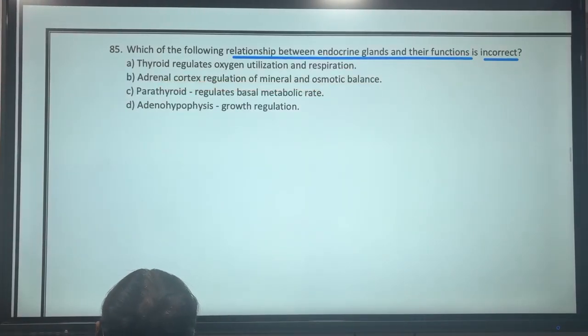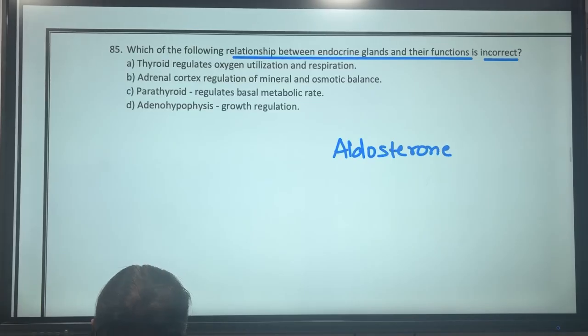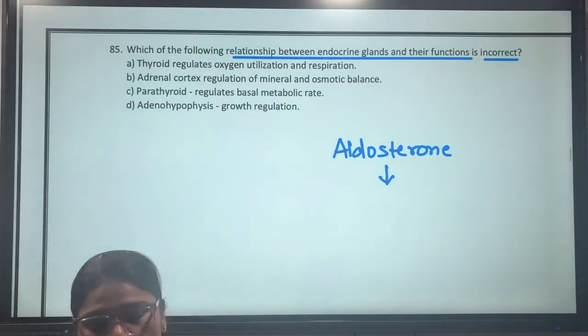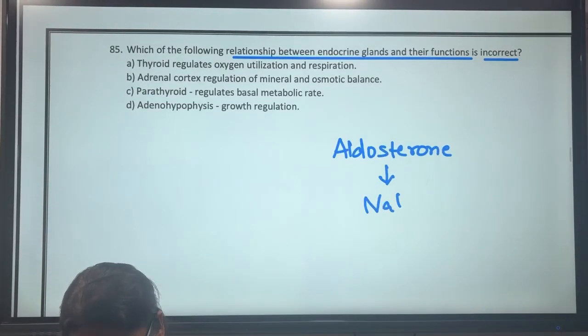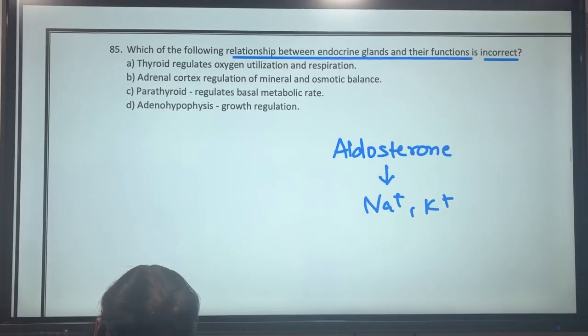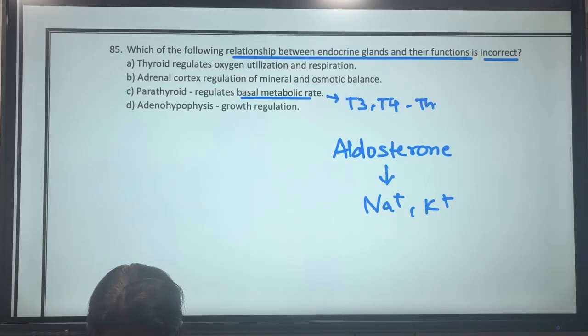Of course, adrenal cortex produces aldosterone, and aldosterone is a mineralocorticoid balancing Na plus and K plus levels. Parathyroid regulates basal metabolic rate. The basal metabolic rate is in the control of T3 and T4, thyroid hormones, and not parathyroid. So most likely the answer is option C.